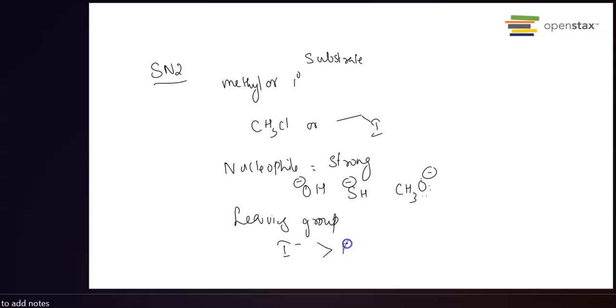Then it is the bromide, then the chloride, and fluoride. And then better than the halogens are the tosylates. If you remember, tosylates are one of the best leaving groups. However, we are talking about alkyl halides, so among the alkyl halides, iodide is the best leaving group.